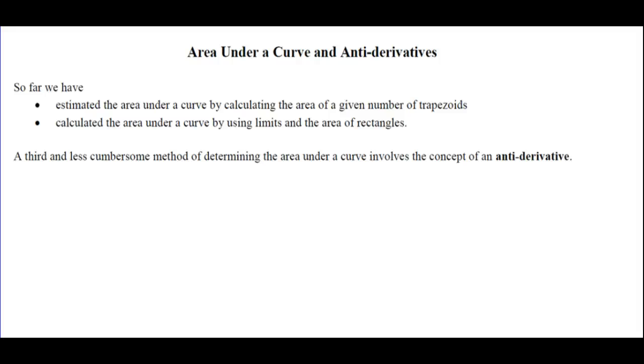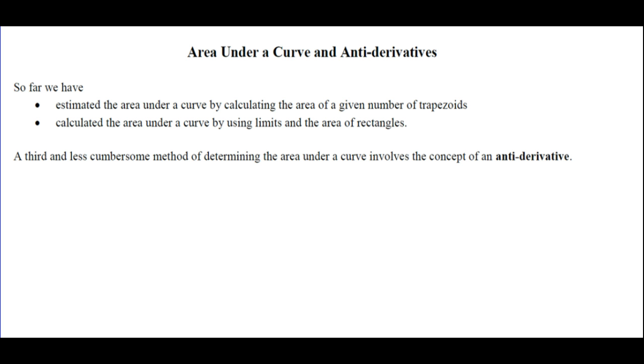Okay, so today it's the area under a curve and antiderivatives. So far we have estimated the area under a curve by calculating the area of a given number of trapezoids, right? So we've tried with a finite number of trapezoids, split this into 3 parts or whatever.